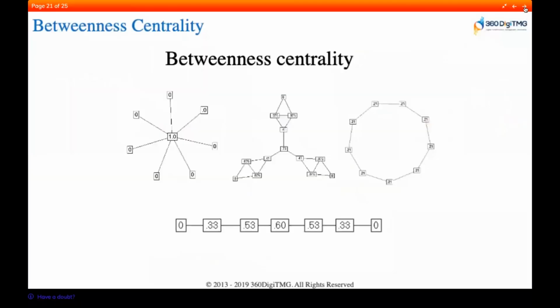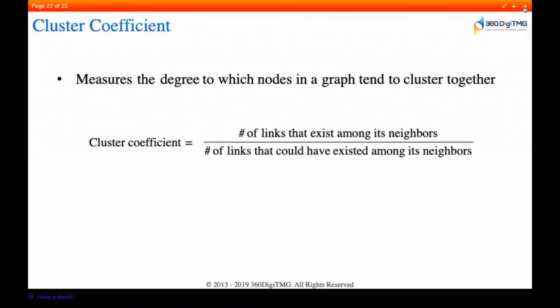Which is called the cluster coefficient. What is a cluster? A cluster is a set of homogeneous data. What exactly the cluster coefficient says is that it measures the degree to which the nodes in a graph tend to cluster together.